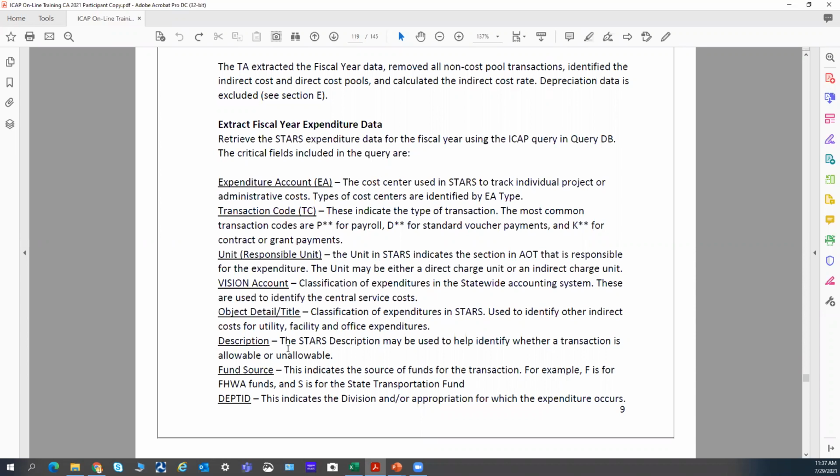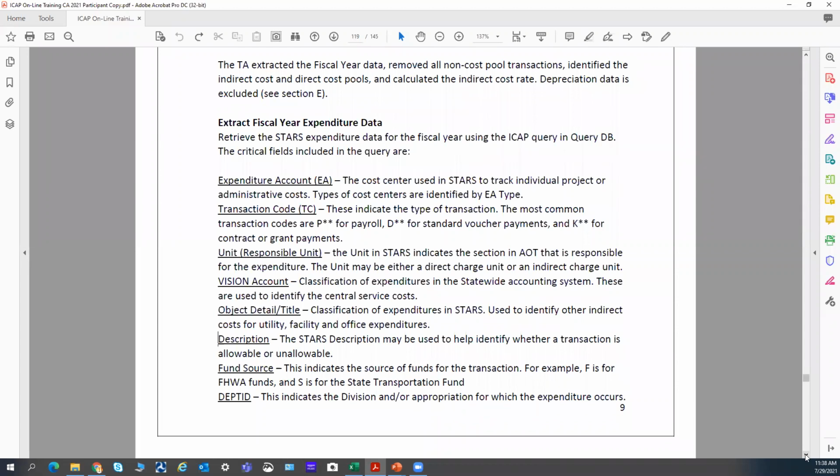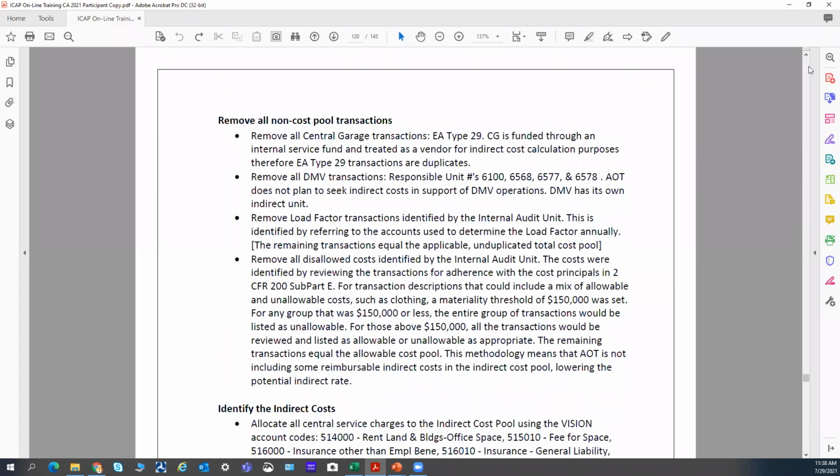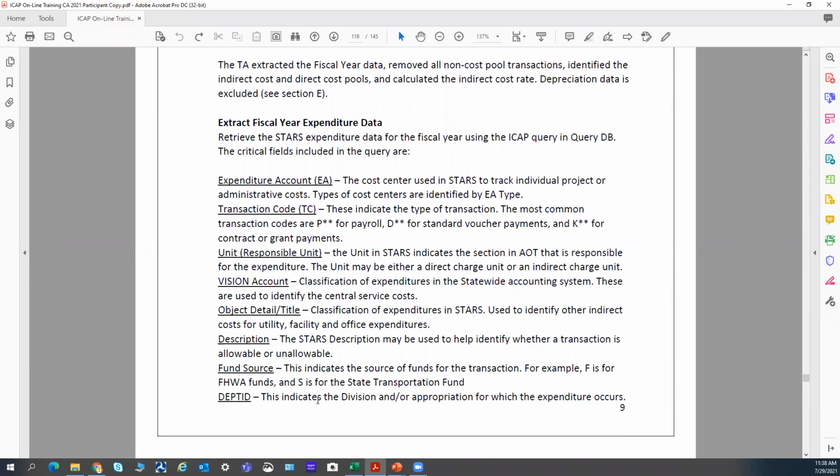And you'll see when I open up the workbook, there's under their unallowable cost, which they extracted out of the universe because they can't include those. We'll look at some of those descriptions, and you can see why they're unallowable. A lot of them are food, some of them are entertainment, little things of that nature.